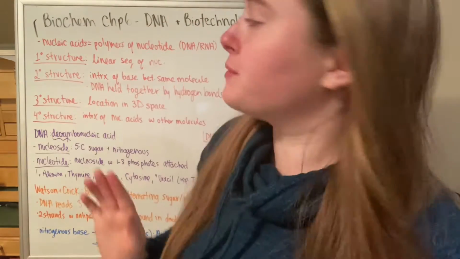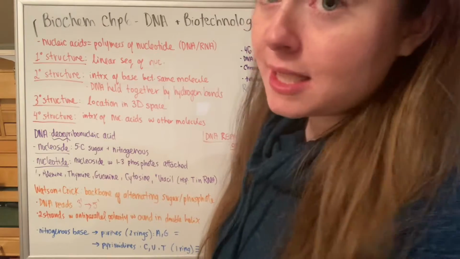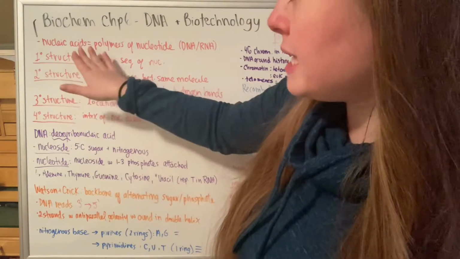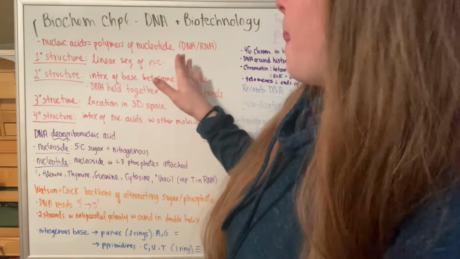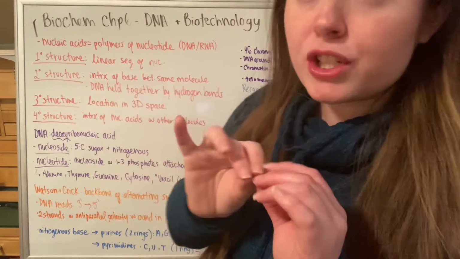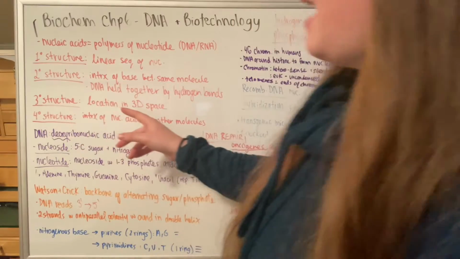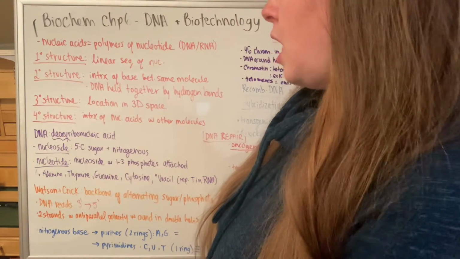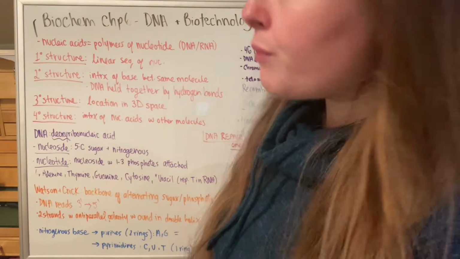Okay, so first thing in this chapter is just a review of nucleic acids, because those are the basis of our DNA. So you have nucleic acids, which are polymers of nucleotides, okay? And they have a primary structure, which is the linear sequence of nucleic acids. Then we have the secondary structure, which is the interaction of bases within the same molecule.